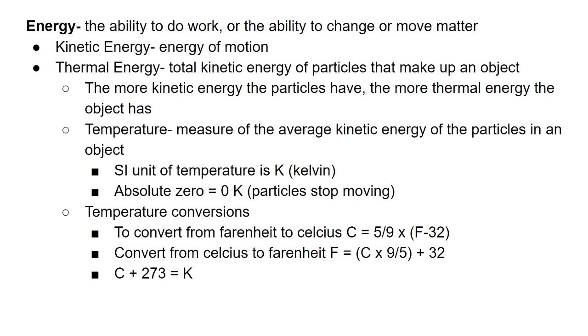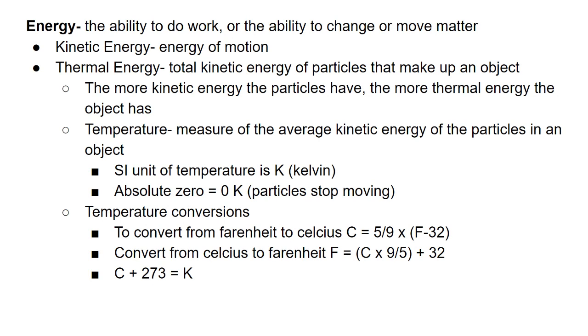You will get the Celsius temperature. To convert from Celsius to Fahrenheit, you take the Celsius temperature times 9/5, which is 1.8, and then add 32.